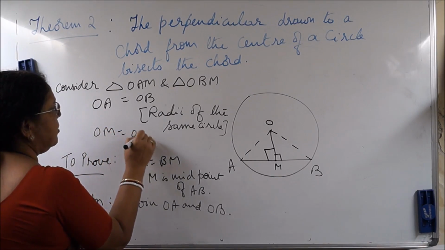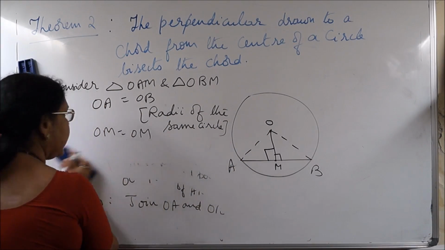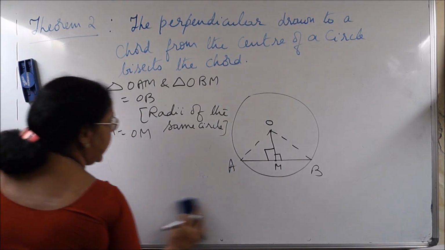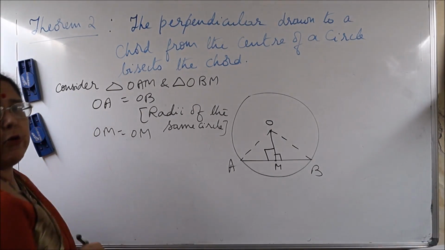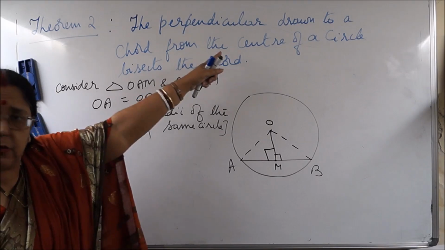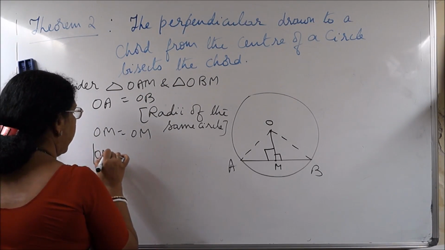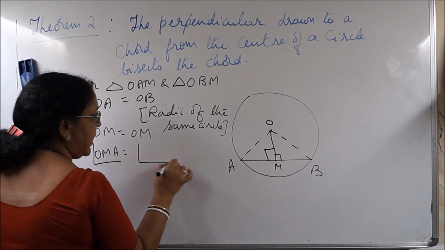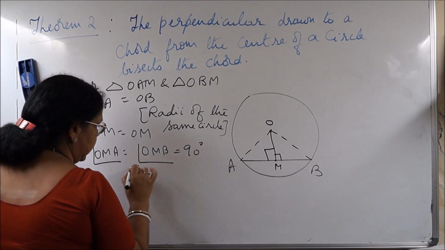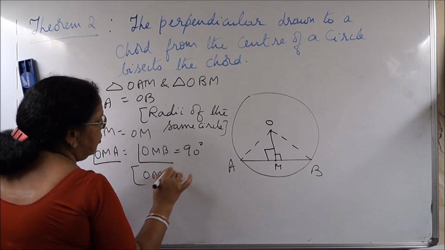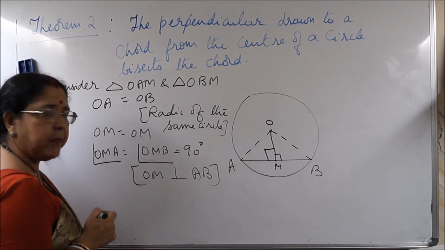Also we know that each angle, OMA and OMB, is 90 degrees because OM is perpendicular to AB, given to us. So angle OMA is equal to angle OMB is equal to 90 degrees. Why? Because OM is perpendicular to chord AB. Right?